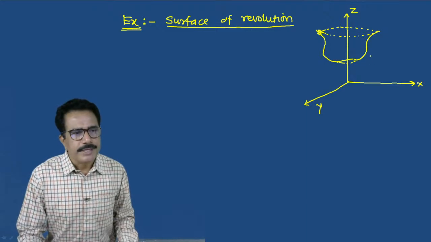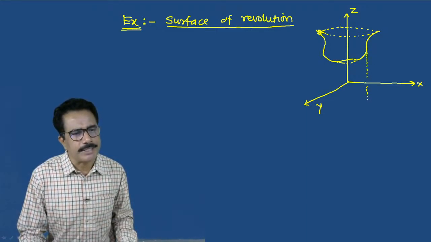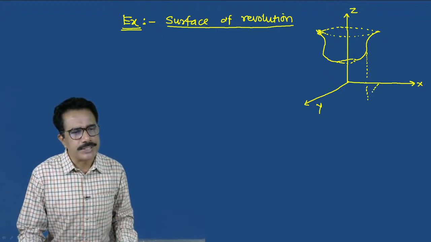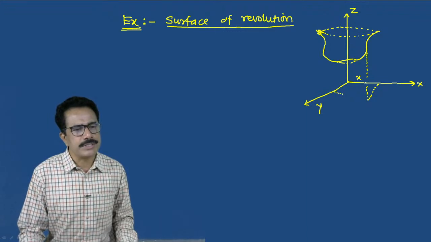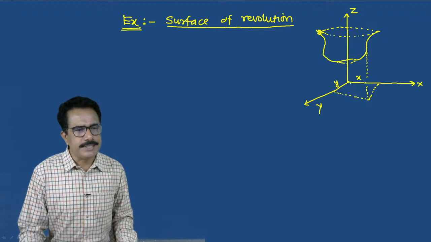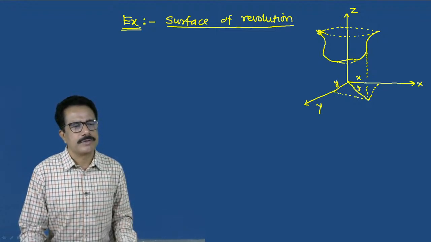And here we consider a point, suppose P(x, y, z). This distance is called x. The distance on the y-axis is called y. And this length is, suppose, small r.